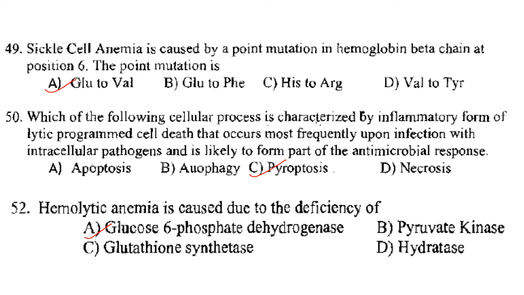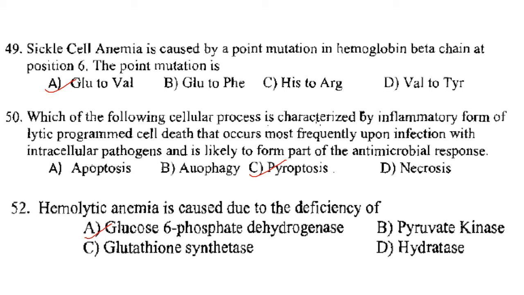Then next one. Sickle cell anemia is caused by a point mutation in the hemoglobin beta chain at position 6. The point mutation is glutamic acid to valine. Answer is option A. Then which one of the following cellular processes is characterized by an inflammatory form of lytic programmed cell death that occurs most frequently upon infection with intracellular pathogens and is likely to form part of the antimicrobial response?